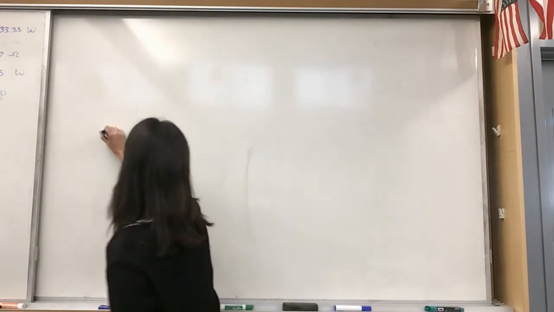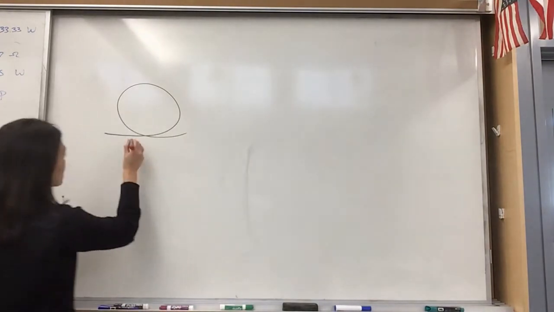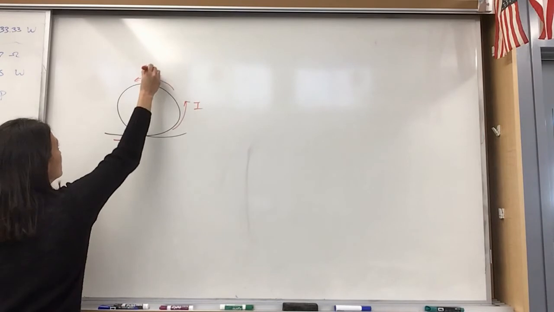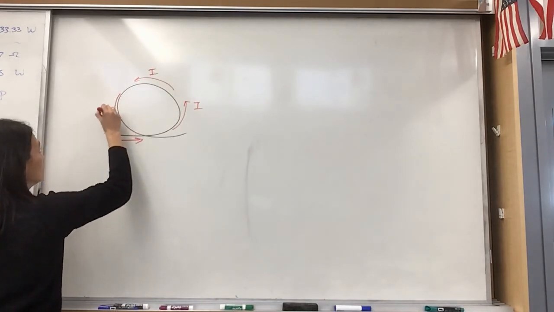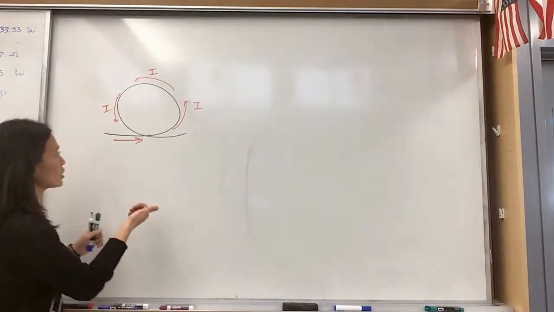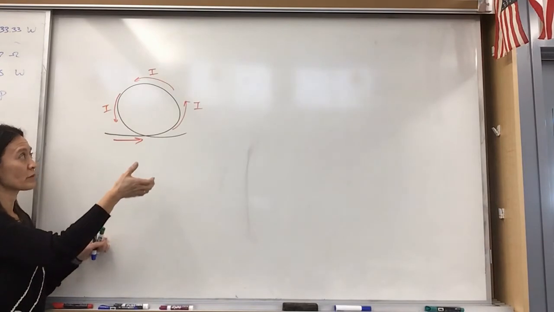So if we have a loop of wire, here's my current. If I were to model my magnetic field here, remember my thumb is going to go in the direction of my current, and my fingers are going to curl around in the direction of my magnetic field.